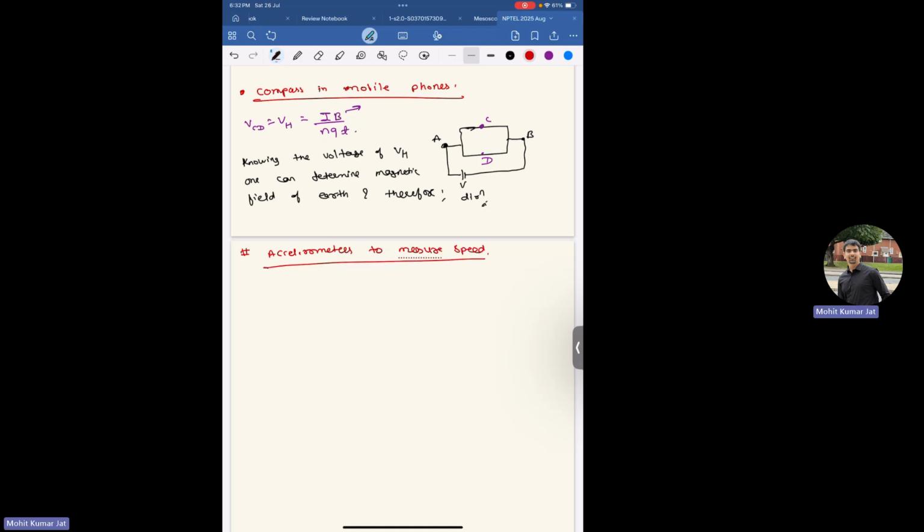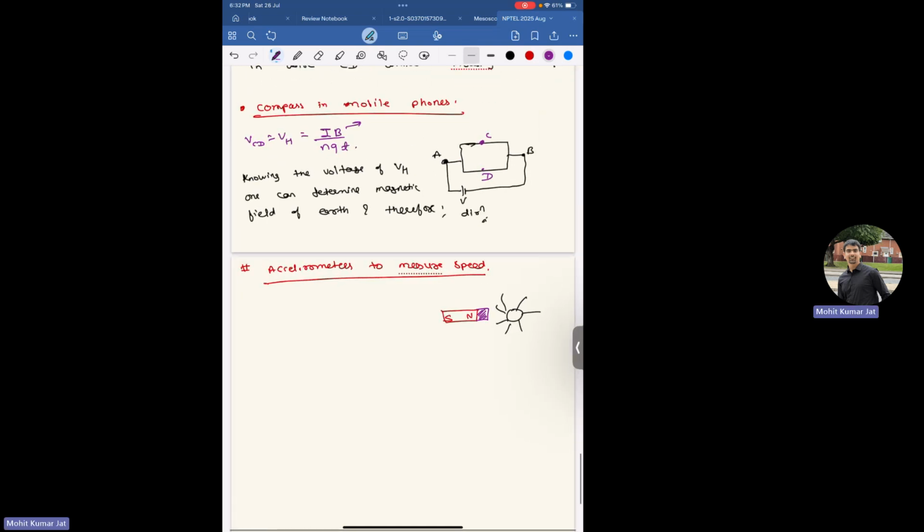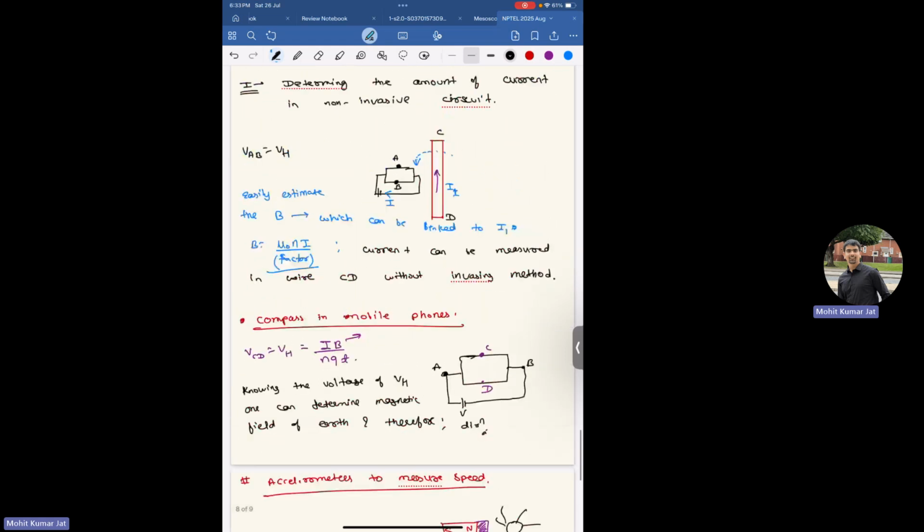So if your wheel is rotating, so for example this is your wheel which is rotating, what you do is you put a magnet here with north and south pole along with this Hall sensor, and each time a spike comes near to this sensor, the voltage reading changes, and it reads those changes in terms of the frequencies in a time series, and then it can translate it back to the speed. So that's another well known application of the Hall sensors.